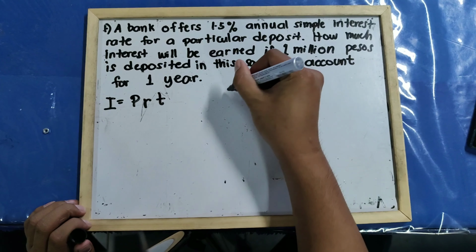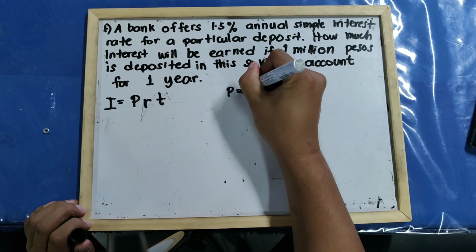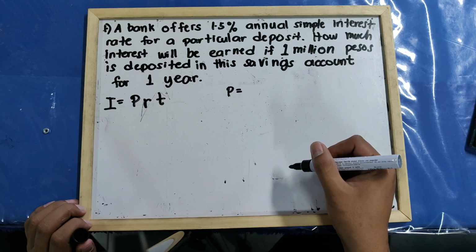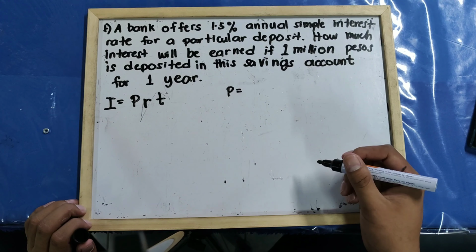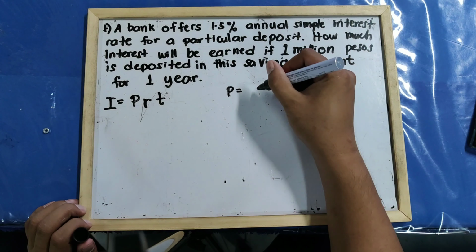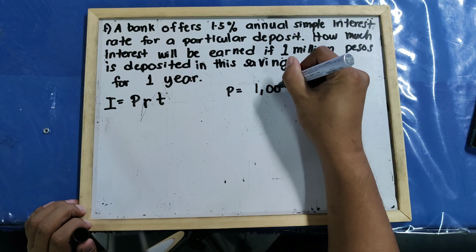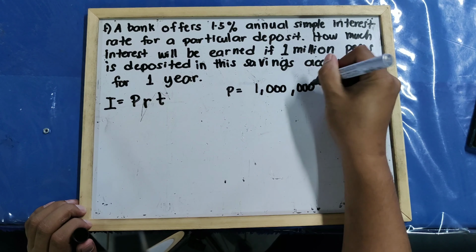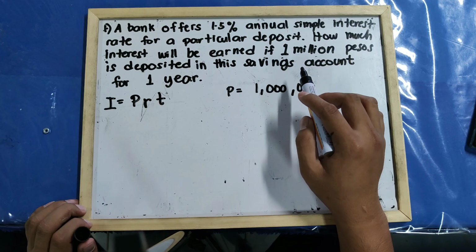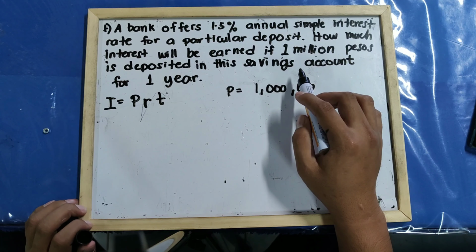So P, what is our P? Our P is the principal, the amount being deposited, or the amount being invested or being borrowed. So our P is 1 million pesos. It says in the problem that he is depositing 1 million pesos in his savings account.